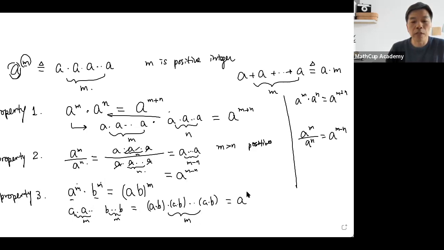This, of course, equals ab to the power m by definition. So a to the power m times b to the power m equals ab to the power m. Okay, these are the three properties so far. Let me move to the next page.